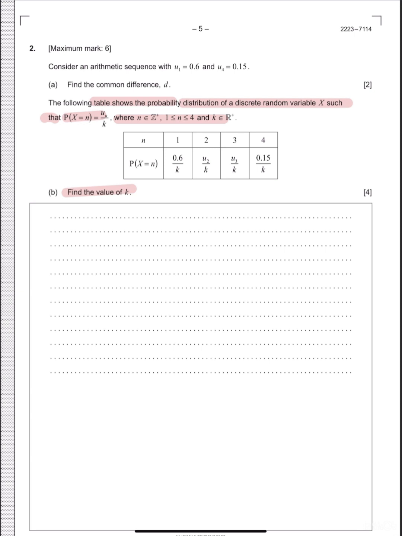First of all, they told us u1 equals 0.6 and u4 equal to 0.15. I'm sorry, I was wrong with that.